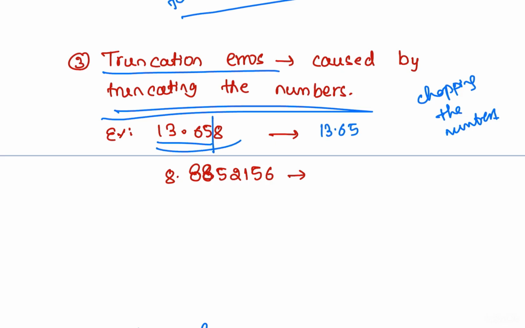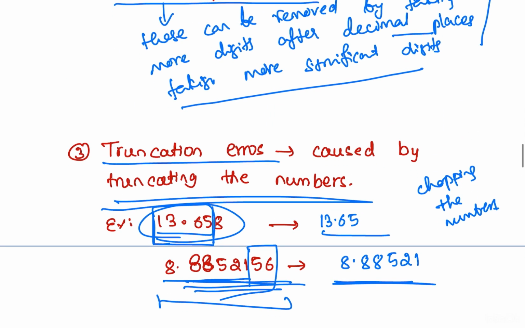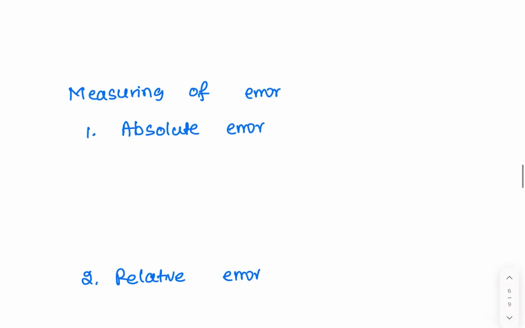If the number 13.65 is truncated to 4 digits, then it involves only 4 digits, and everything after that will be deleted. If it is truncated to 6 digits, then it will be 8.88521. So we are not rounding up, we are just dropping the other digits. This is about truncation errors. This can be removed by taking more digits after the decimal point, or more significant digits.